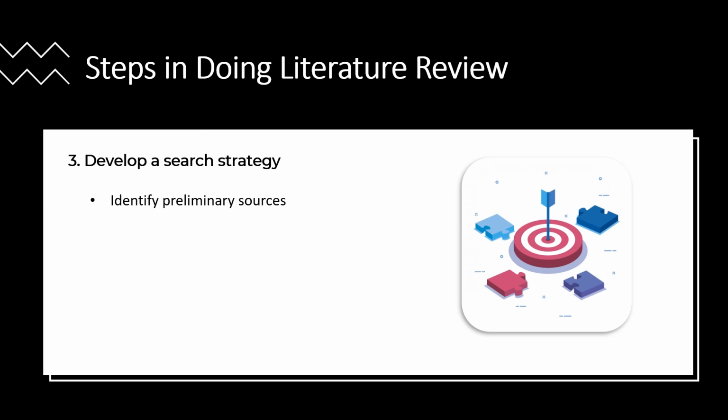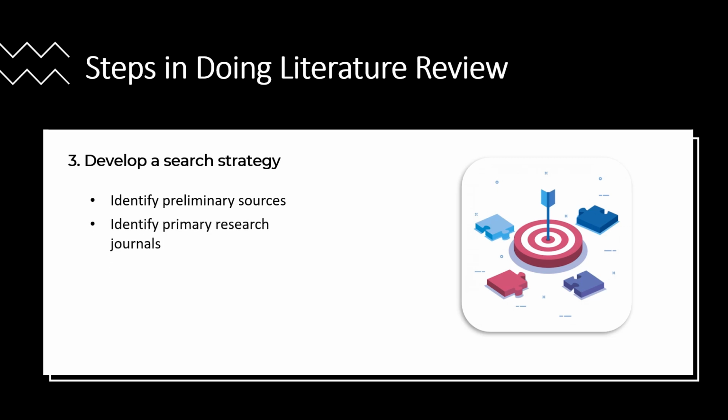Some most frequently used preliminary sources are those that I presented already, like ProQuest, Scopus, JSTOR, Google Scholar. Another one is patent databases. So use these preliminary sources for getting your literatures.